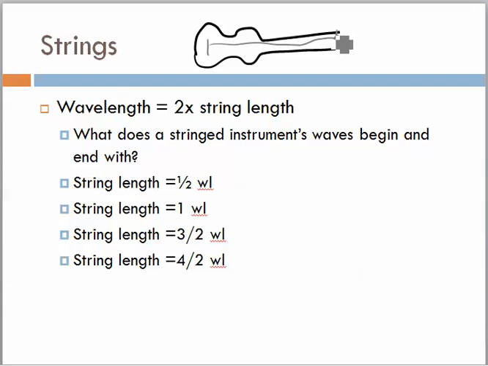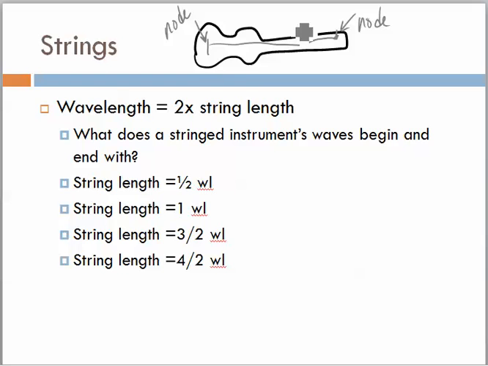What I want you to notice here is down here, this would be what we'd call a node. There's not going to be any movement. And right here is another node. In the center would be an antinode.